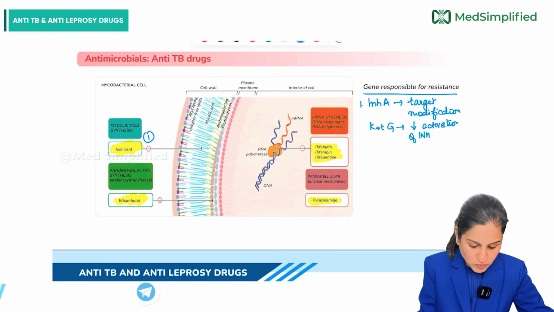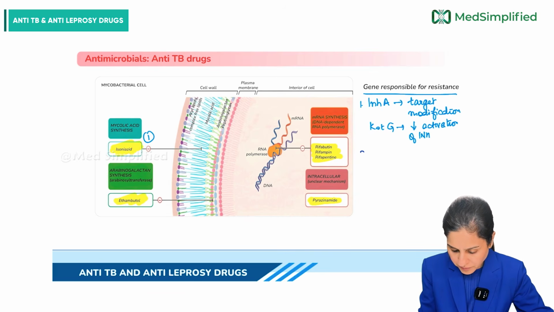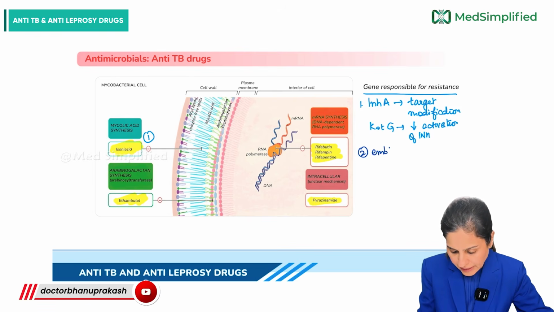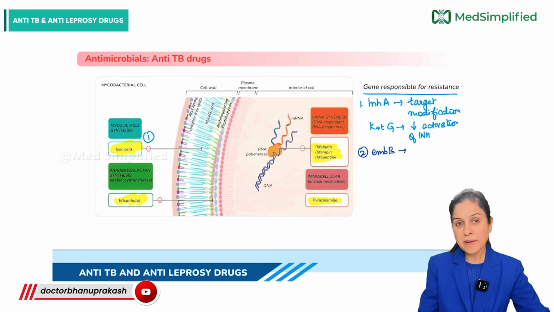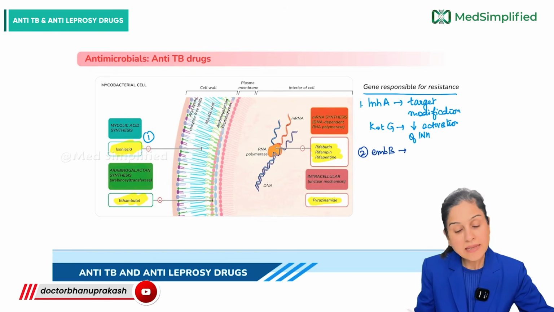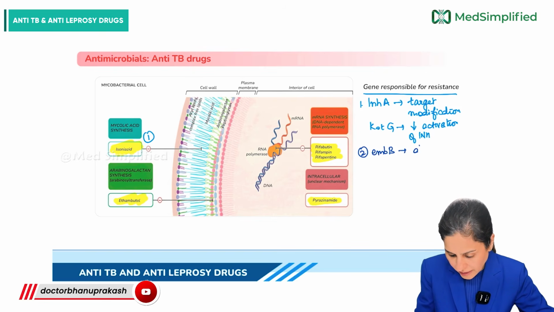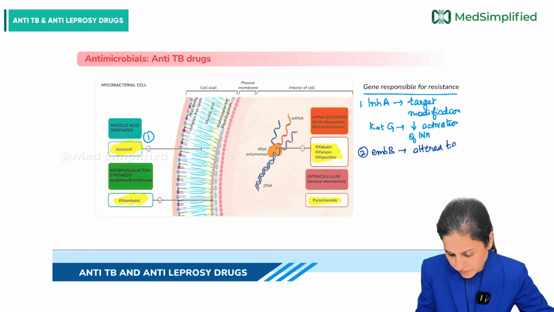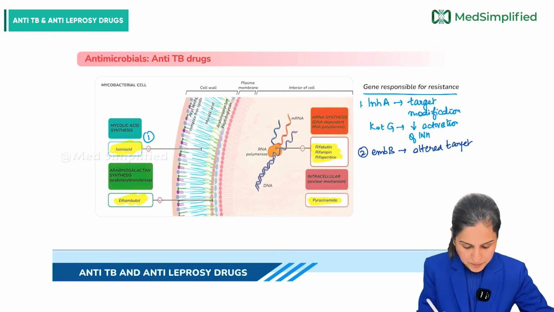Number 2 is ethambutol, and here we have the EMB gene, and again this leads to an altered target of the drug.